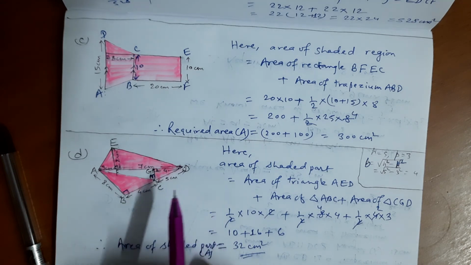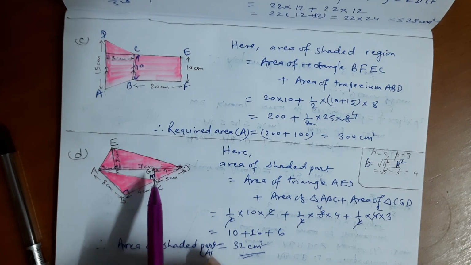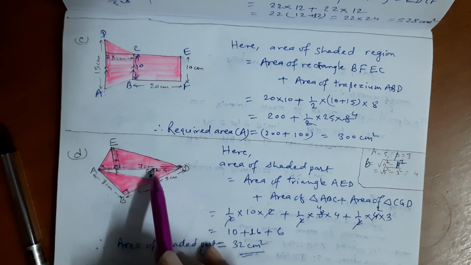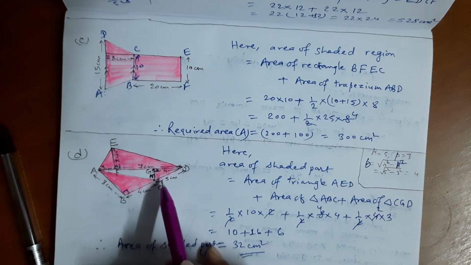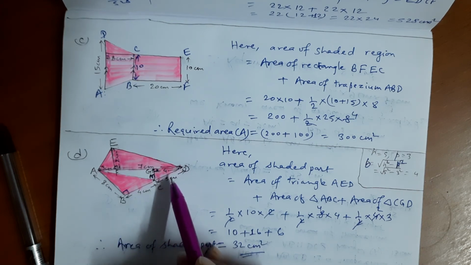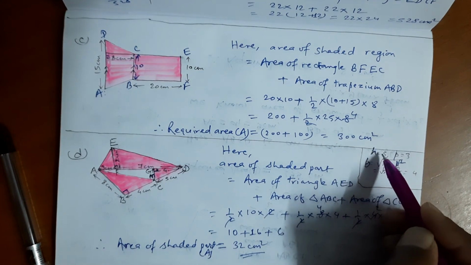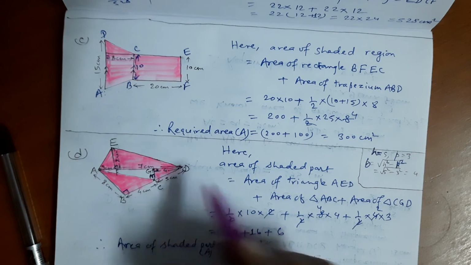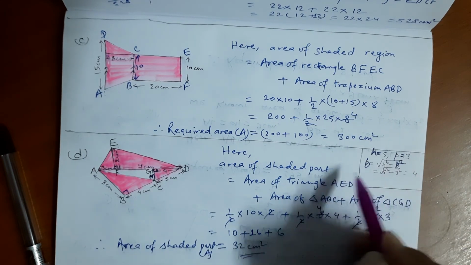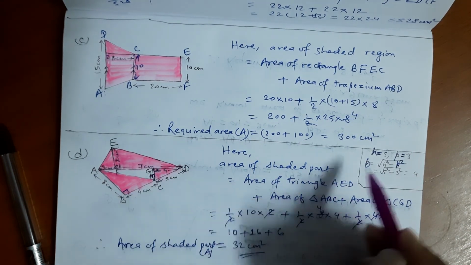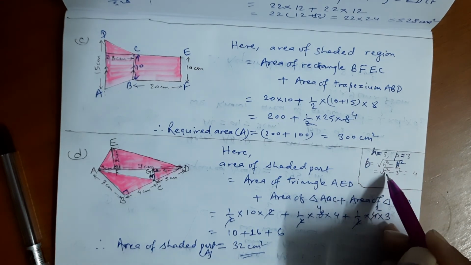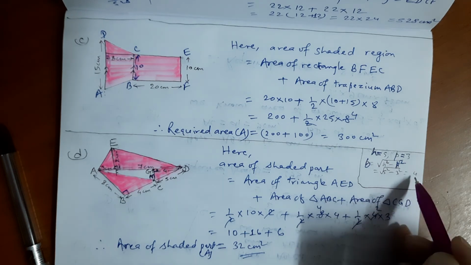Here I think it may be difficult for you to understand this triangle. In CGD, this is 90 degree, and opposite to the 90 degree this CG is the hypotenuse, so the hypotenuse is 5, and the perpendicular we can suppose is 3, and the base GD we have to find out. b equals root over h square minus p square, 5 square minus 3 square, 25 minus 9 is 16, square root will be 4.